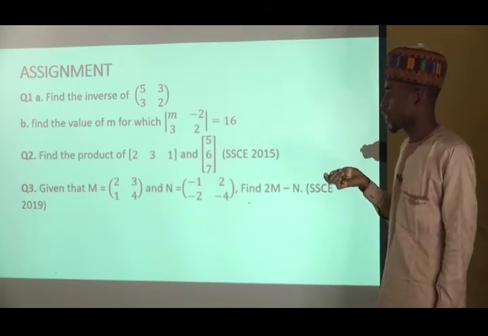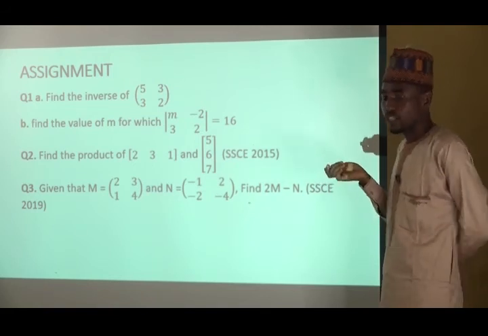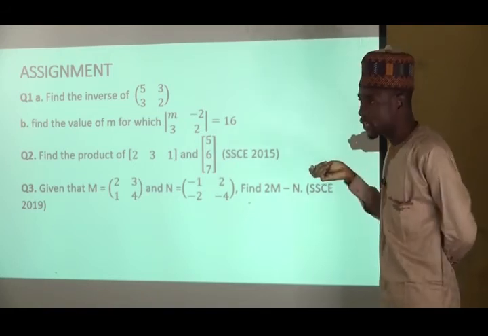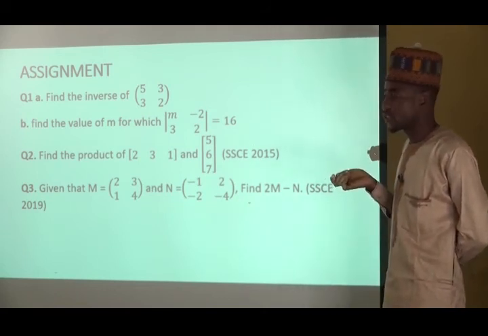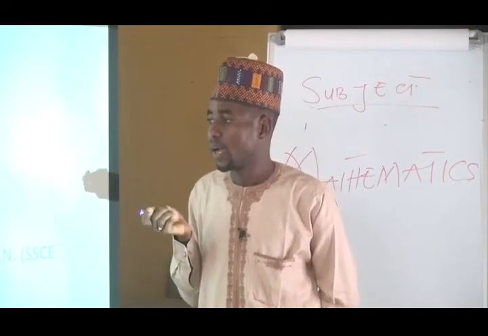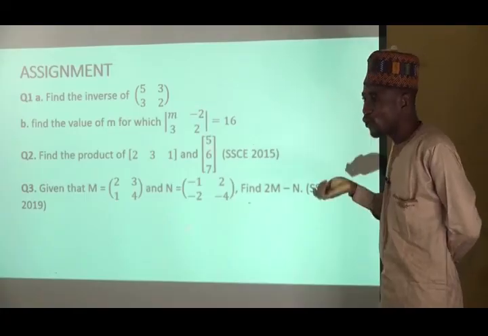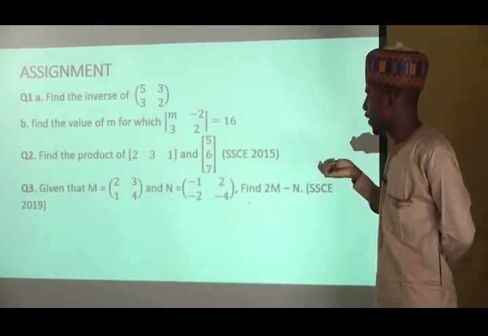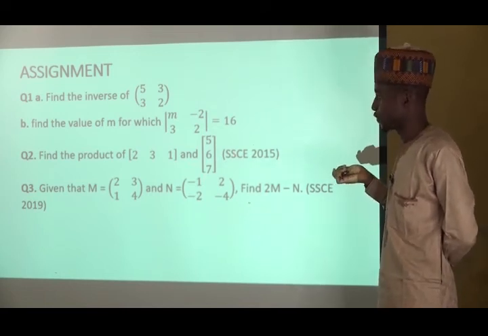Question number 2, find the product of the first matrix, a row matrix with elements 2, 3 and 1, and a column matrix with a single column of elements 5, 6 and 7. This is SSCE question 2015.